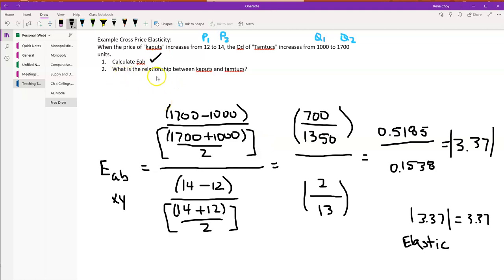Now the next one is, what is the relationship between caputs and tantalks? When you're doing cross price elasticity, one of the uses of it is that you can figure out whether these two products are related or not related. And what do we mean by related? Well, the products could be related in 3 basic ways. One is that there is no relationship. Another is they could be substitutes.